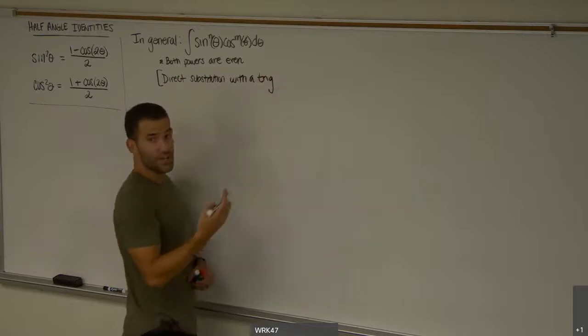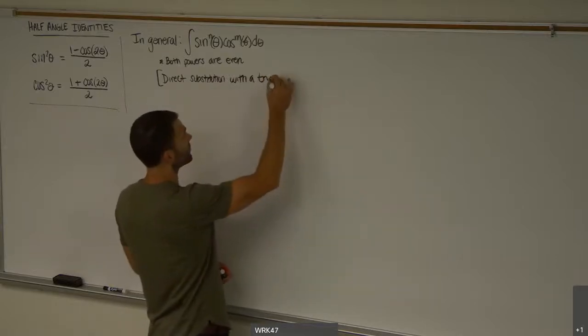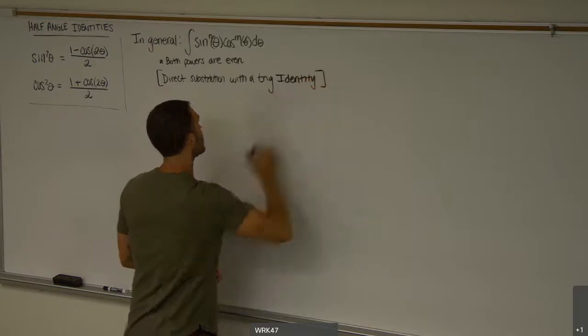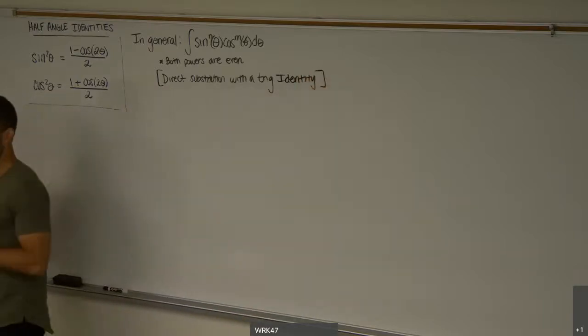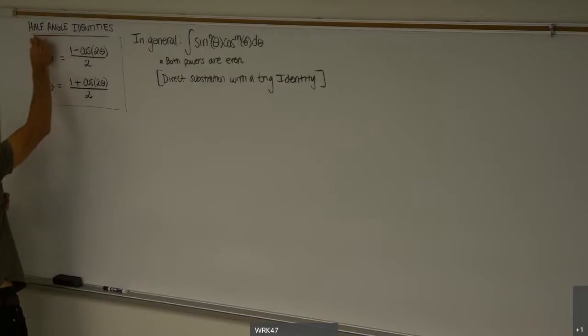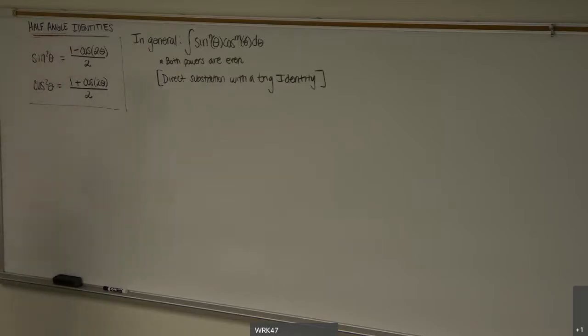So not an integration substitution, but just a direct substitution with a trig identity. In this case, our half-angle identities. So not our Pythagorean identities. If both powers are even, we will be using one of these two identities, if it's an even power of sine or an even power of cosine.